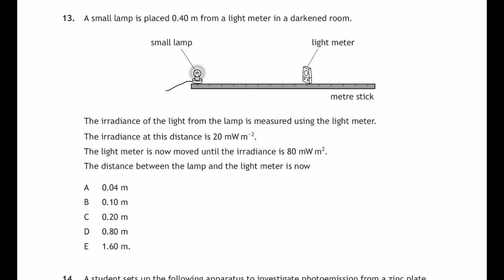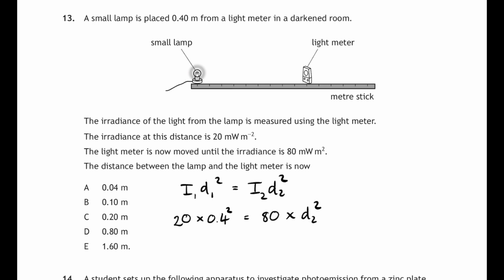Well, we can use our irradiance relationship here. I1 D1 squared equals I2 D2 squared. Fill in what we know. And I'm not going to worry about the prefixes here because it's milliwatts on each side, so it'll just be 20 times 0.4 squared, and that will be equal to the final irradiance, which is 80 times d2 squared.